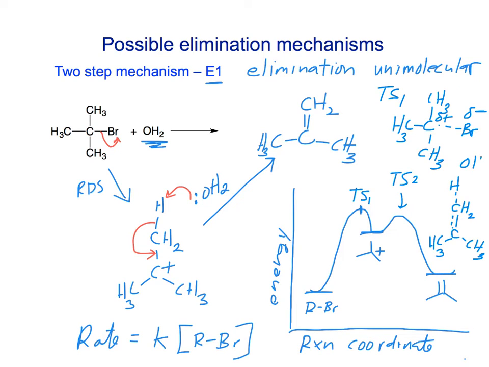And here's our base, that's water. We start with water, we pick off a proton, we're going to end up with hydronium ion, building up a plus charge on the oxygen. We started with a full plus on this carbon, so we're going to have a partial plus on that carbon partway through.